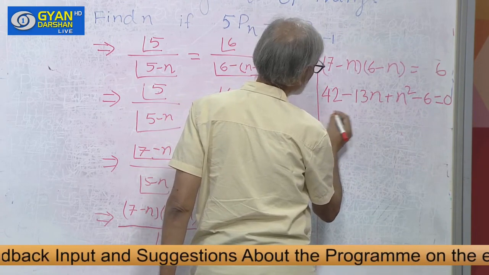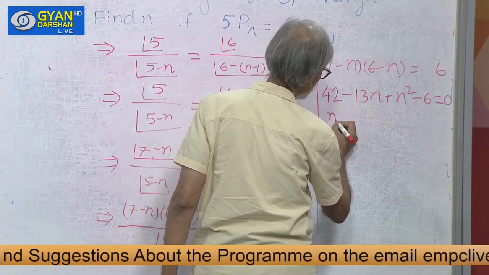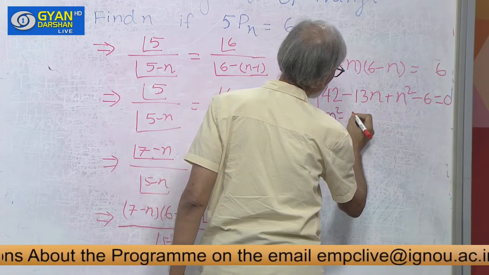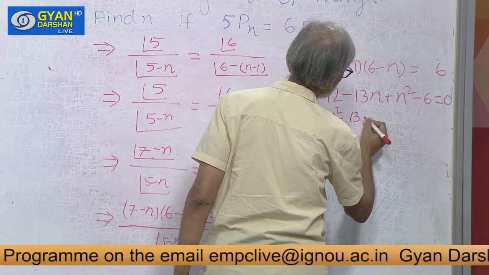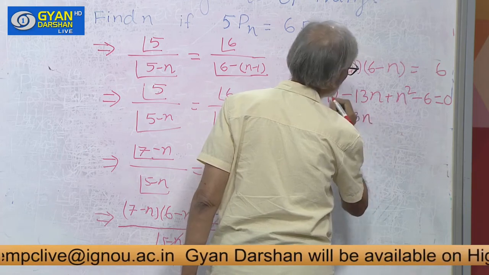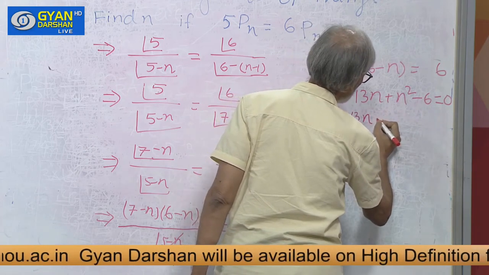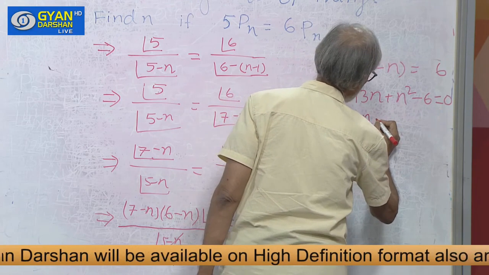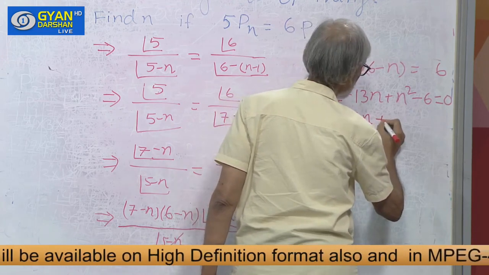So this will give n square minus 13n, 42 minus 6 will be equal to 36.